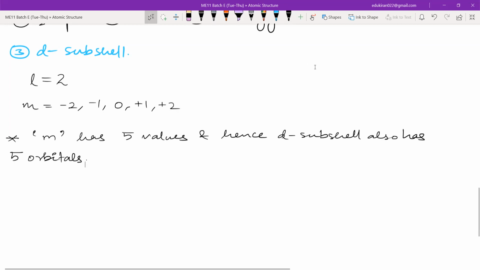Now, d also has how many orbitals? 5 orbitals. Now, please write this fast. Please write these 3 points. Then I have to show you the d orbitals. Shoaib is done. Abdul Wahid.